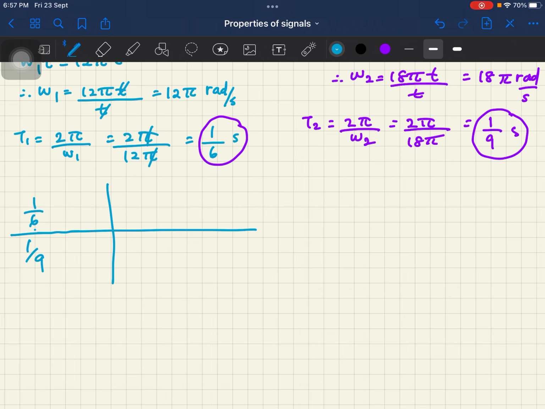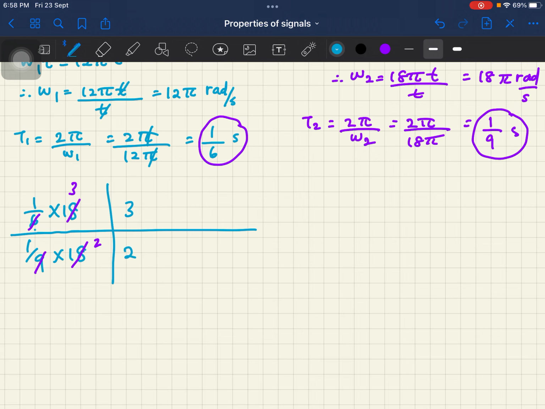In this case we have 6 and 9, so the common number we can multiply them with is 18. This cancels out to become 3, and this becomes 2. So we get 3 and 2.